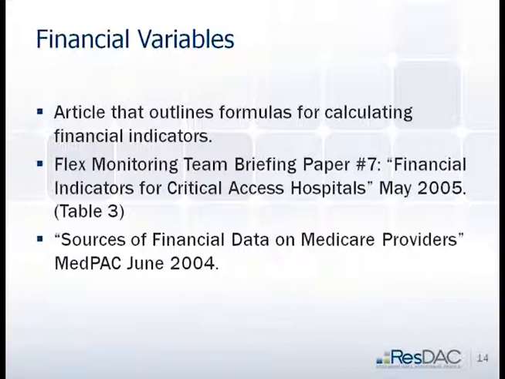In this briefing paper they've come up with some financial indicators that they thought were relevant and important for financial health, and they give the actual locations within the worksheet. So for calculating margin, you would look at this particular worksheet, this variable, and they get pretty detailed. I thought it was really a nice resource if you wanted some guidance on financial indicators.